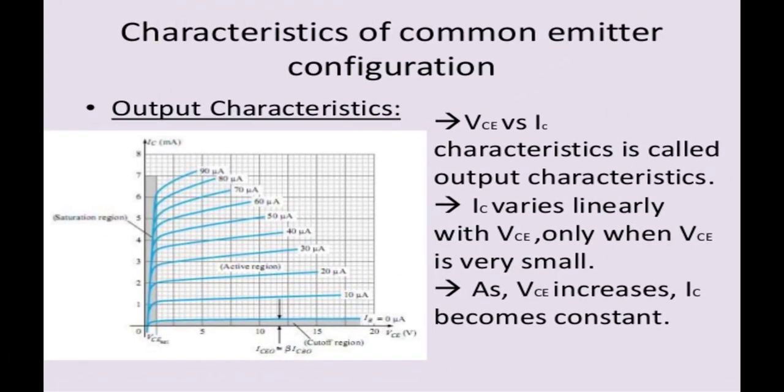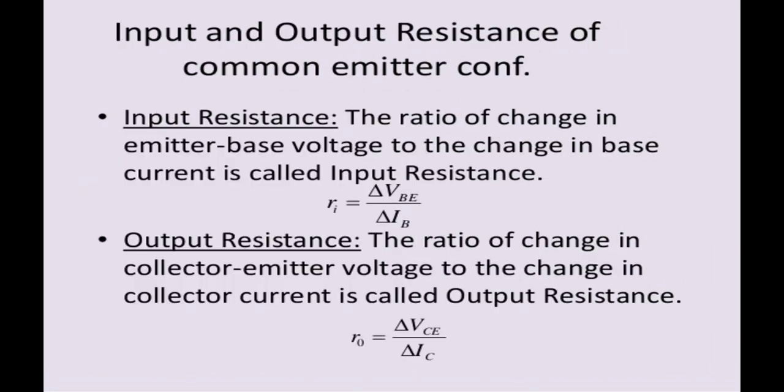These are the characteristics of the configuration: VCE versus IC and VBE versus IB. And these are the input and output resistance of the common emitter.